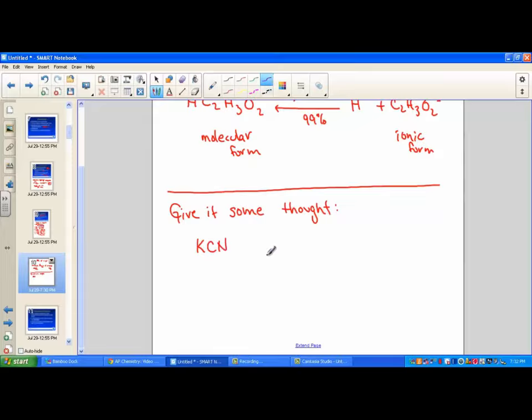Is it ionic or molecular? Well, I notice it's a metal to a polyatomic group of nonmetals. Potassium is that ion K plus 1. CN, carrying a negative 1, is called cyanide, right off of our polyatomic ion chart.